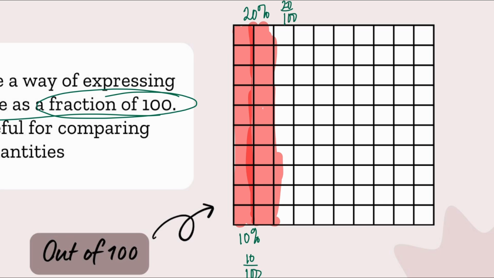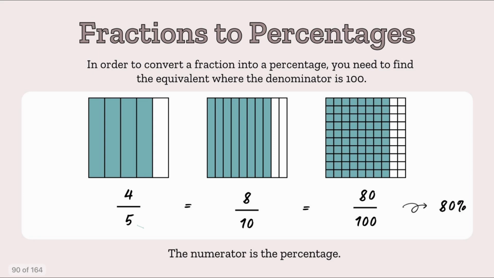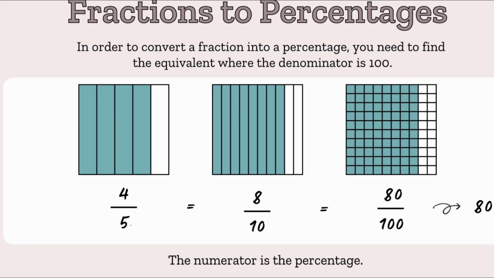Now, when we convert a fraction to a percentage, we have to find an equivalent fraction where the denominator is 100. For example, 4/5. Usually in our lesson, we multiply 5 by 20 and also the numerator 4 by 20 so that we will get the denominator, which is 100.